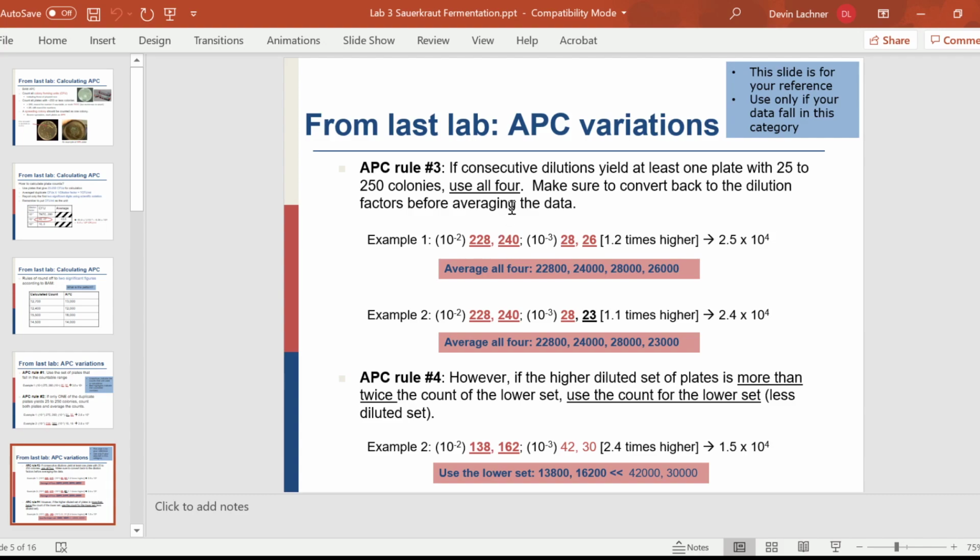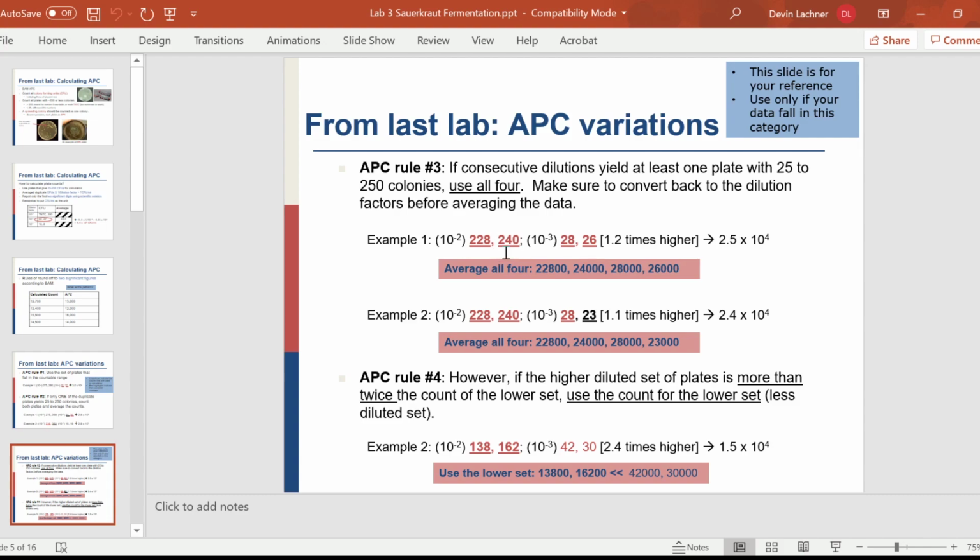So for rule number 4, if consecutive dilutions yield at least one plate with 25 to 250 colonies, then you're going to be using all 4 of them. So you see all of these are within our countable range, so we're going to be using all 4 of the numbers. So we can figure this out. 228 times 10 to the negative 2 is going to give you 22,800.